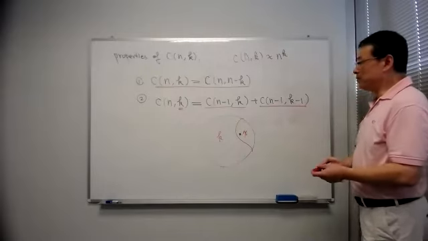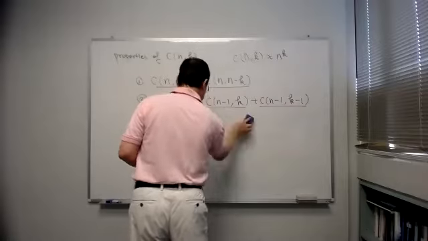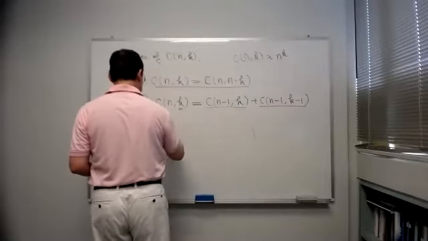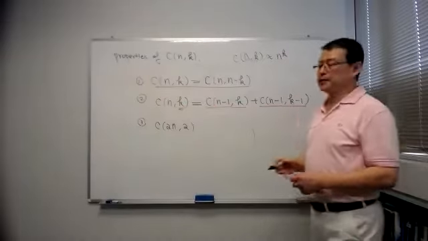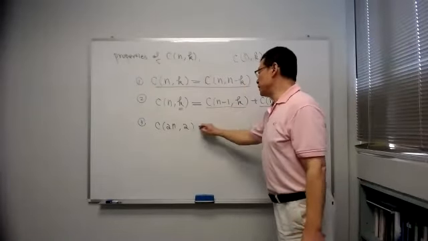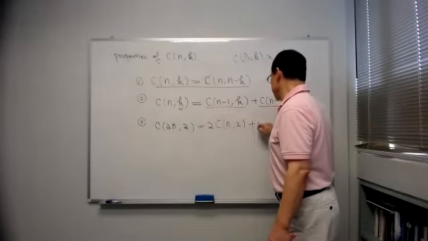All right, one more. I want to choose two elements from a set with 2n elements. Then this equals 2 C(n,2) plus n squared.